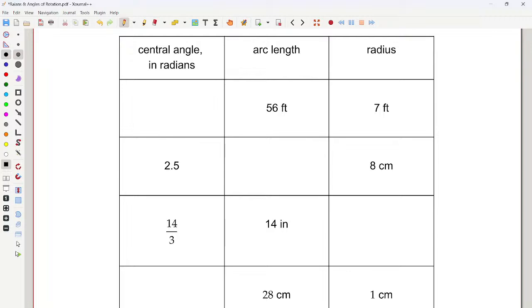So we're going to basically just state what the angle is. Second column is arc length. And the third column is radius. So we're just going to practice applying the formula. Which I'm going to remind myself right over here, theta is S over R.